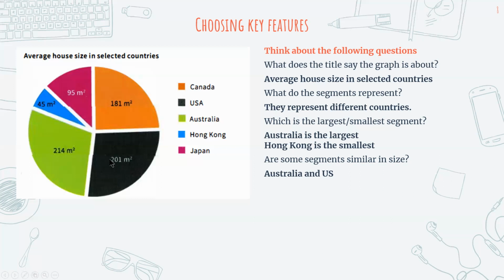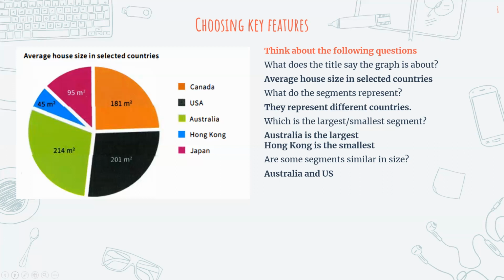Of course, this is not the report itself. You have to use different language. And the smallest segment here is Hong Kong, which has the lowest or smallest average house size of only 45 meters. So Australia and the US have almost the same, and Hong Kong has the lowest.